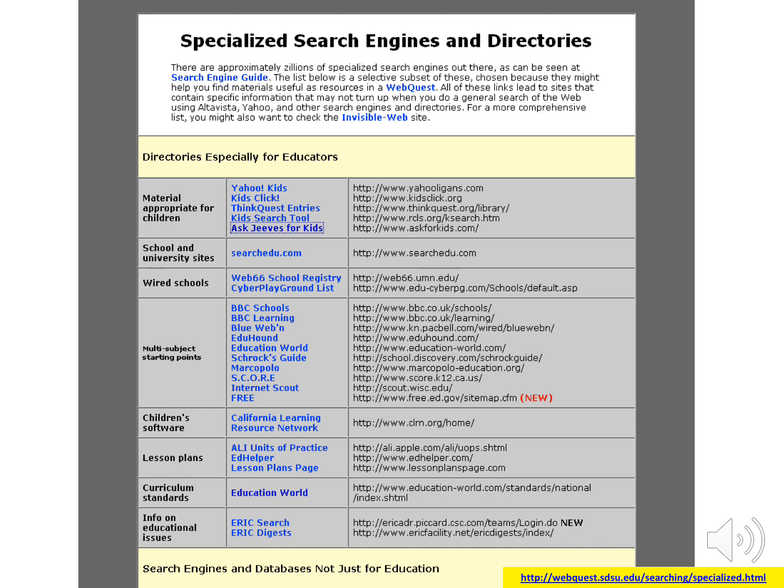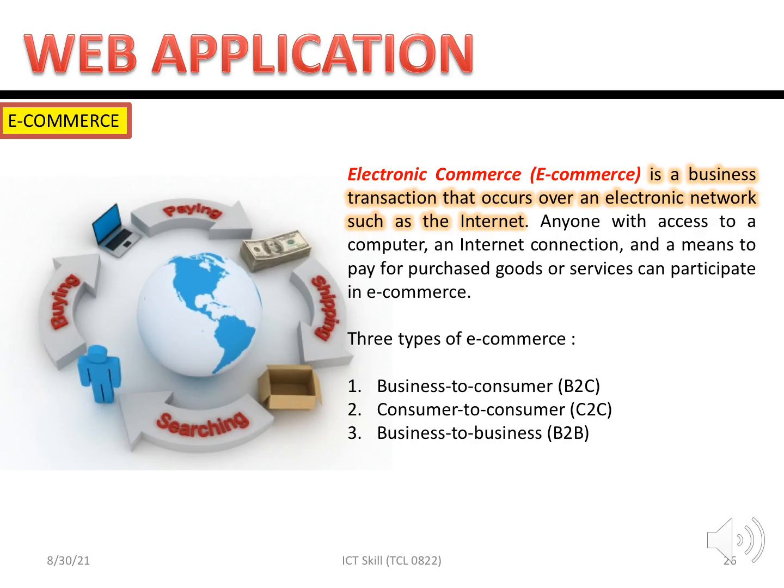Okay, alright. Now we go to the next one, which is the most popular web application activity used by the user, e-commerce. So what is e-commerce? A business transaction that occurs over the electronic network, using the internet.